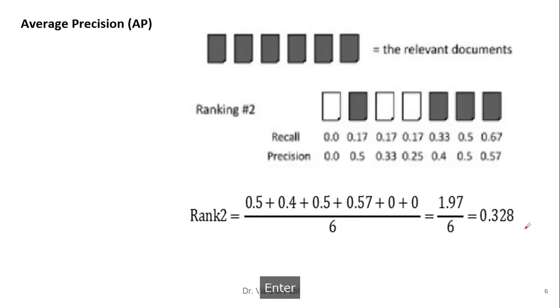Now we will see the next example. Again here 6 relevant documents are there, but only 4 documents are retrieved. So we require to take the recall value, and at that recall we take the precision. Here at 0.17 the precision is 0.5, then 0.4, 0.5, 0.57.